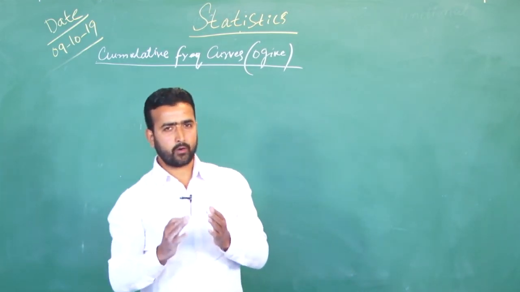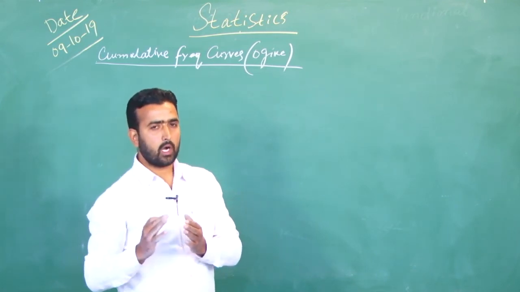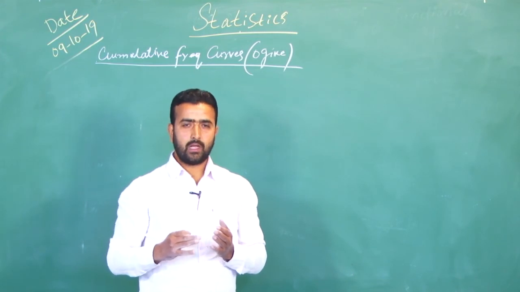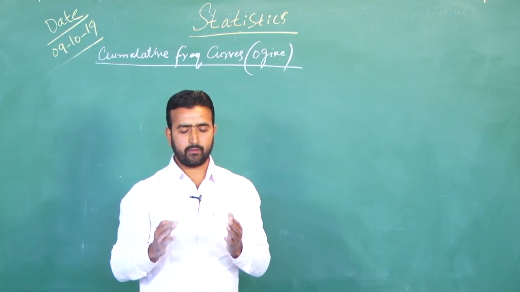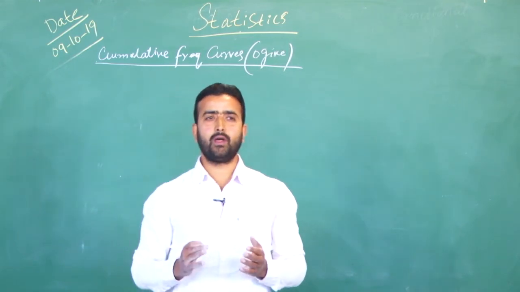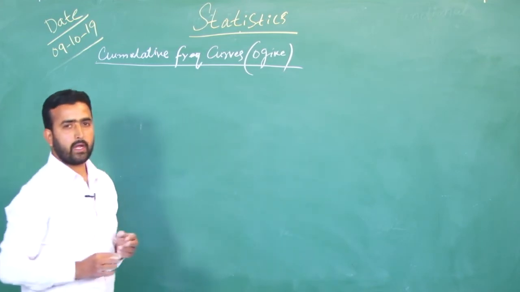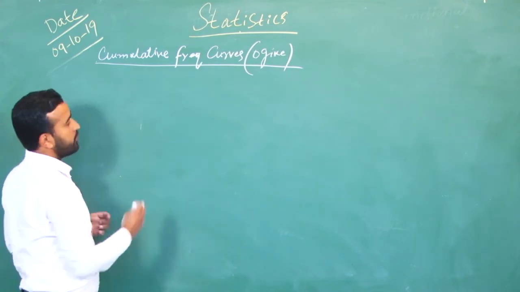Now let us try to understand with the help of one particular example how to draw the various types of curves. Let us first discuss the various methods we use to draw them, that is the types of cumulative frequency curves.